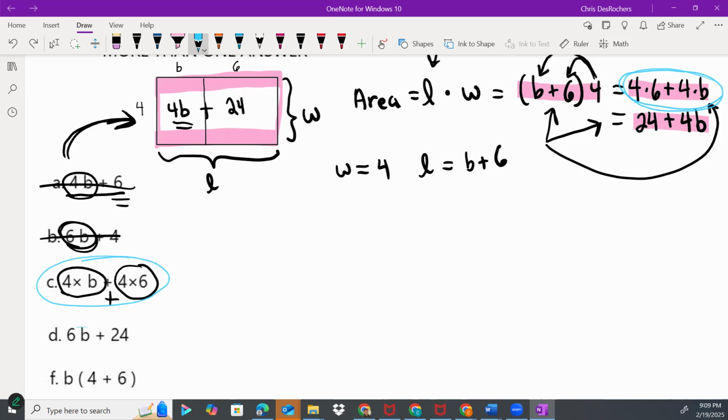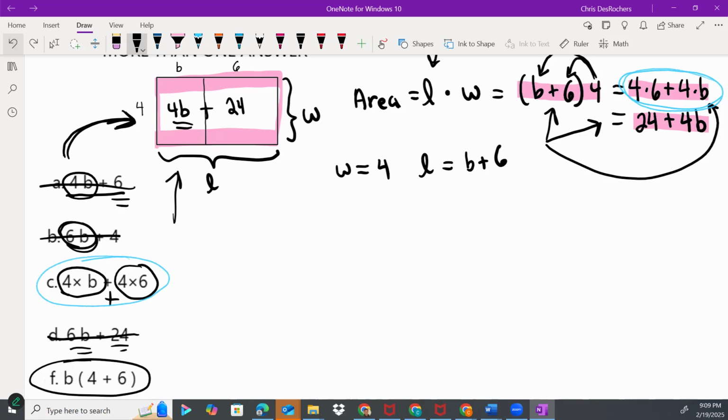And then we have 6b plus 24. And if you notice that 6b doesn't match there with the 4b. So this D cannot be an equal expression. And then finally, we have this one right here, F, B times 4 times 6.